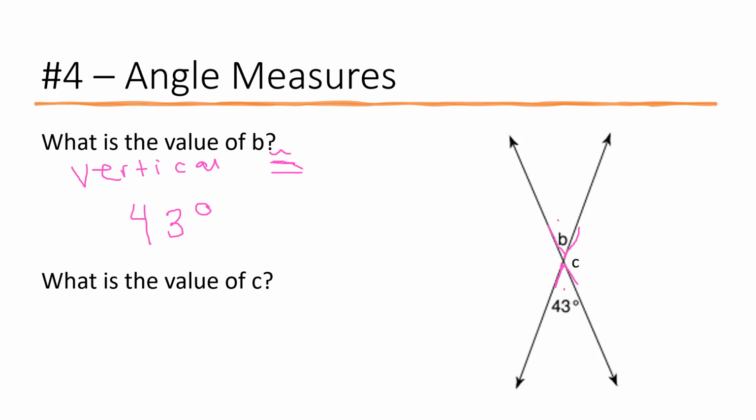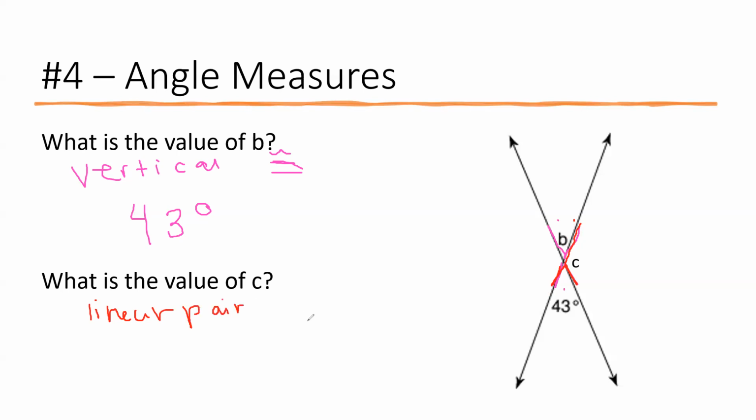Now, what would be the relationship between our 43 degrees right here and our angle C? Well, they're next to each other, so they are technically adjacent, but they're one of our special kinds of adjacent because they're next to each other and they create that straight line. So that means they are a linear pair.